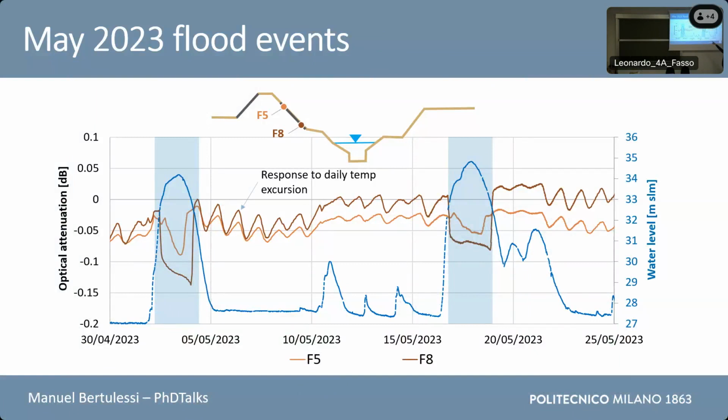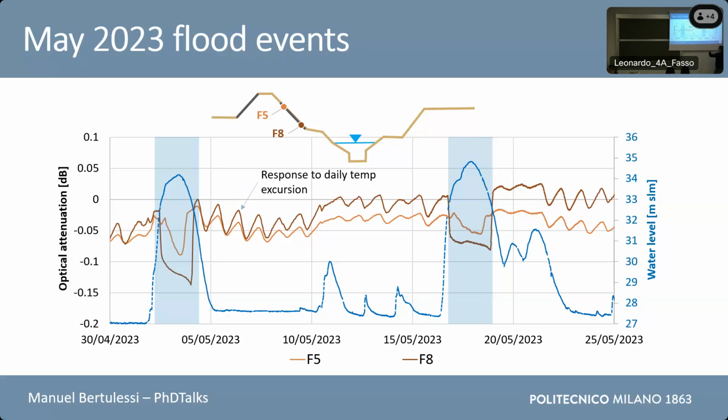We have these 2 sensors, F5 and F8, placed on the upper and the lower part of the levee embankment. This is the linear response in terms of optical attenuation, whereas on the right axis we have the water level recorded at the hydrometer placed at Fossata Bridge, which is very near our test site.